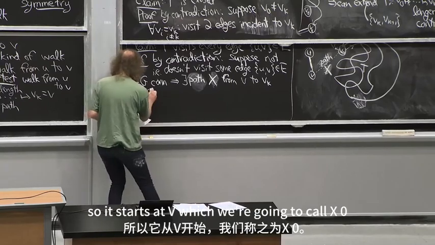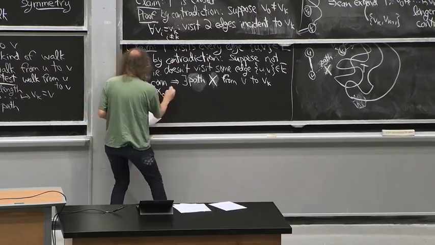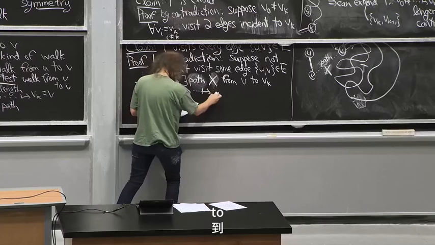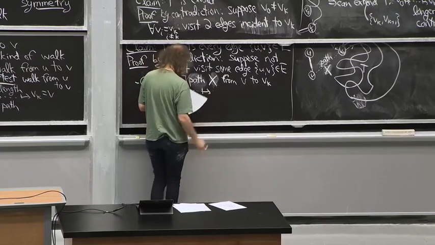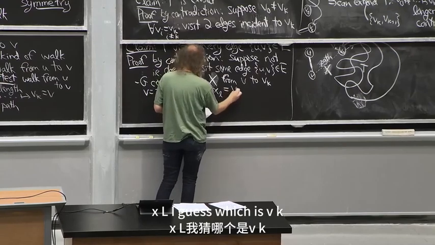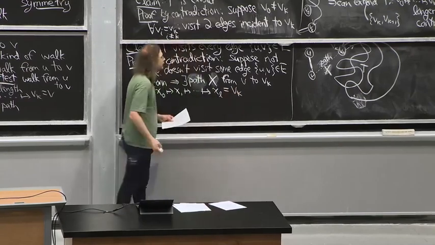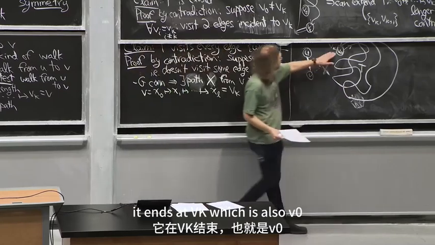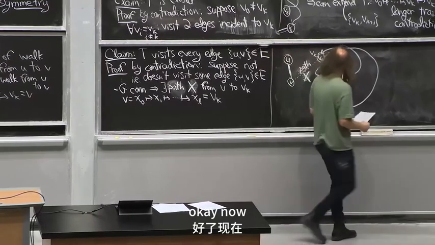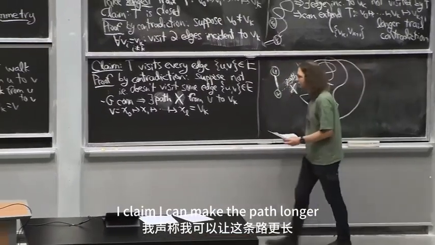All right, and I'm going to give this path some words. So it starts at v, which we're going to call x0, and then it goes to x1, and so on to xl, I guess, which is vk. It ends at vk, which is also v0. Okay, now I claim I can make the path longer.